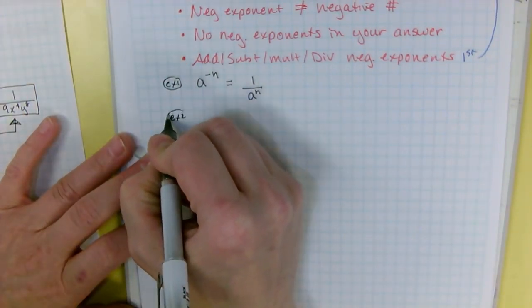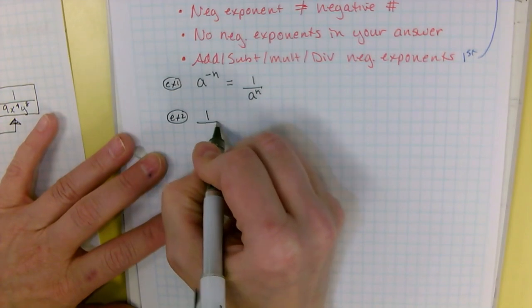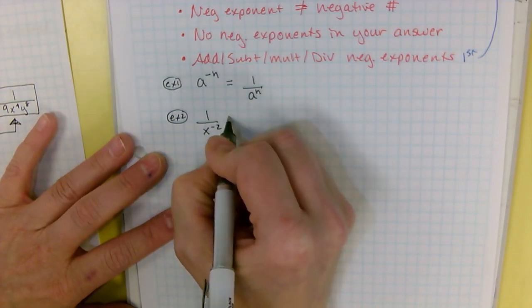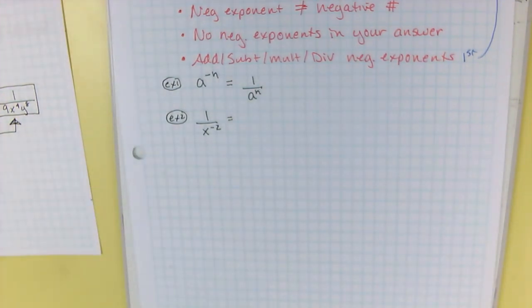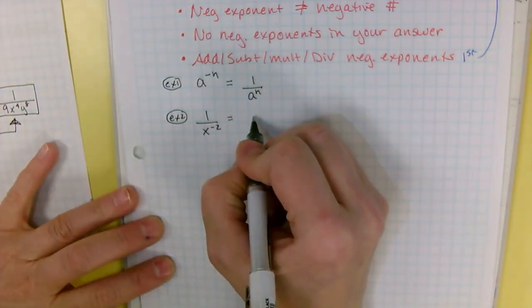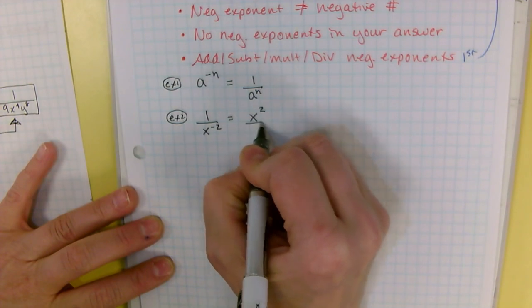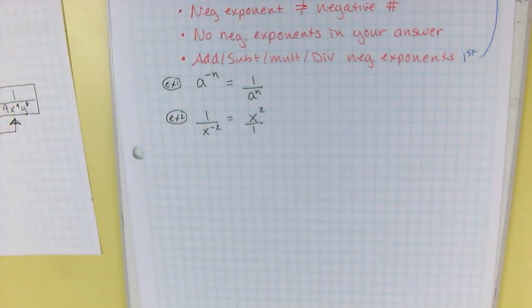Okay, example 2. Let's say you've got 1 over x to the negative 2. If the negative exponent is on the bottom of the fraction, you still flip it. So my x squared would go to the top over 1. And again, the exponent would become positive because you've moved it where it belongs.